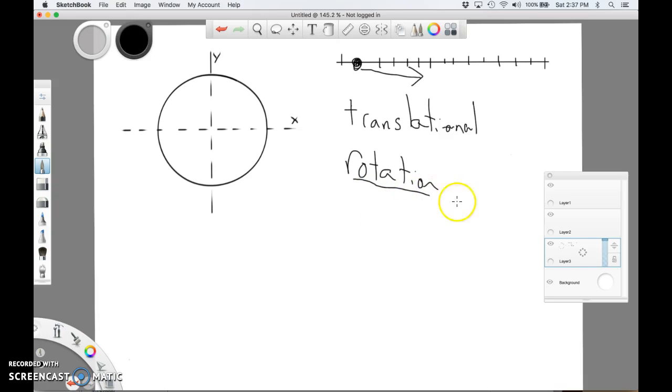And the variables that we used for translation, we talked about position, displacement, velocity, we had average velocity, acceleration, and average acceleration. All of these things also exist in a rotational sense. And so we're going to go through and talk about all of those rotational variables and how we measure them.